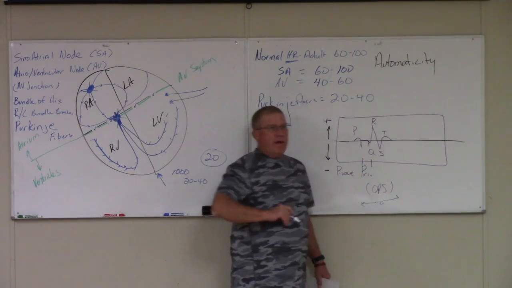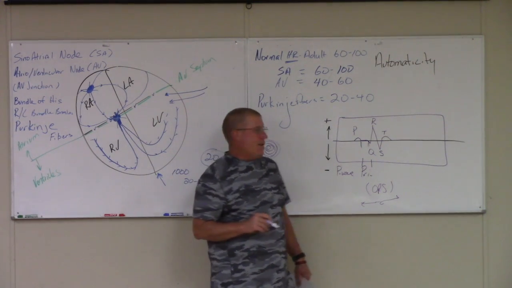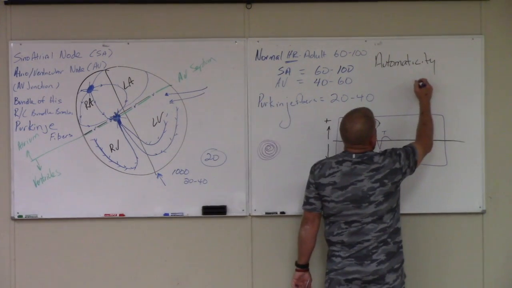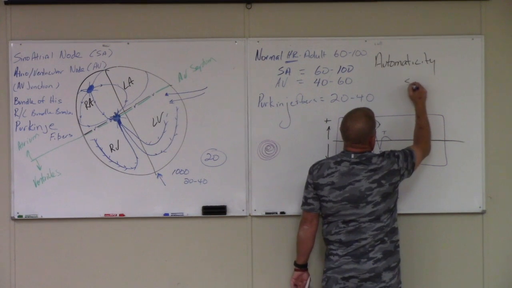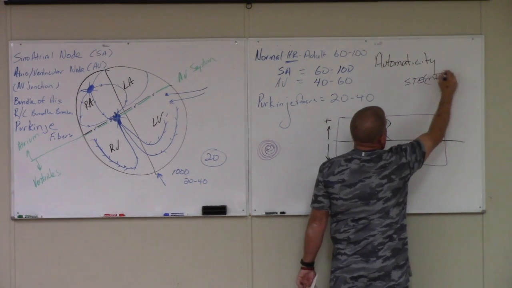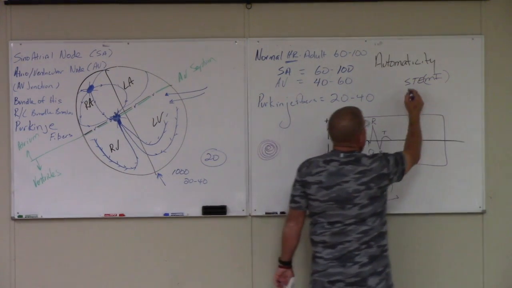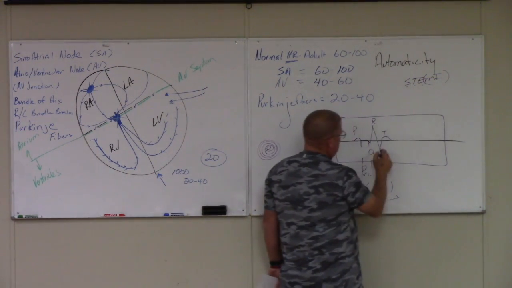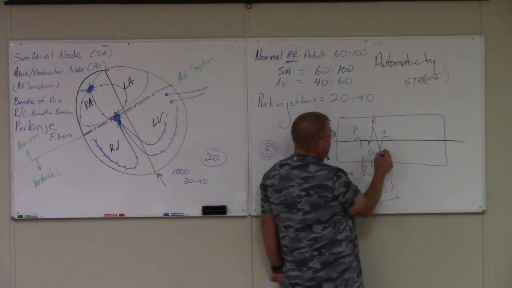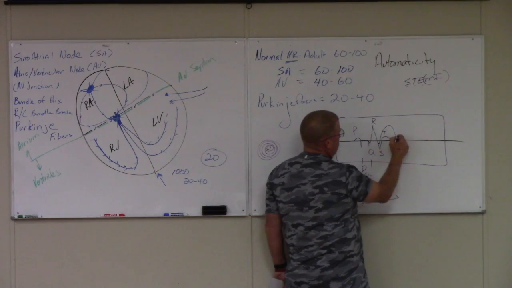You heard me talk about STEMI a while ago. MI being myocardial infarction, a STEMI is ST elevation. So what you're going to see right here on this ST is it doesn't deflect as far down and your T wave comes way up.